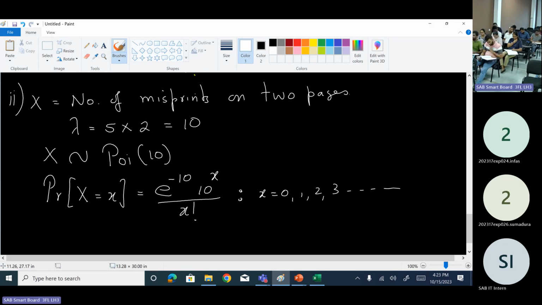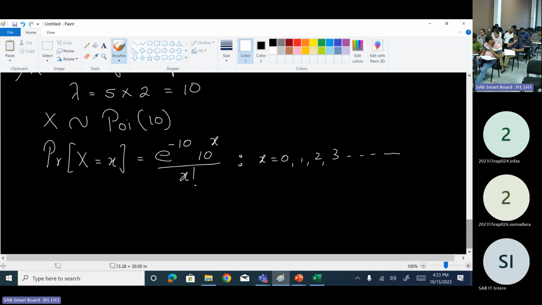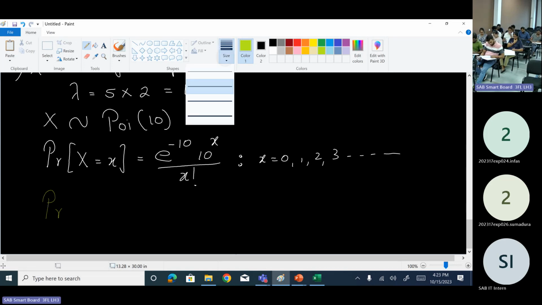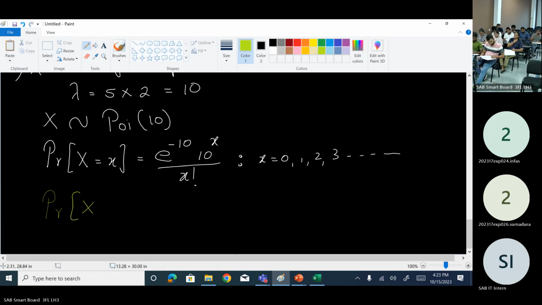So what are they asking us? They are asking for at least 4. So we want to find the probability of X greater than or equal to 4. We can't go for this directly, so we take the reverse: 1 minus probability X less than 4.